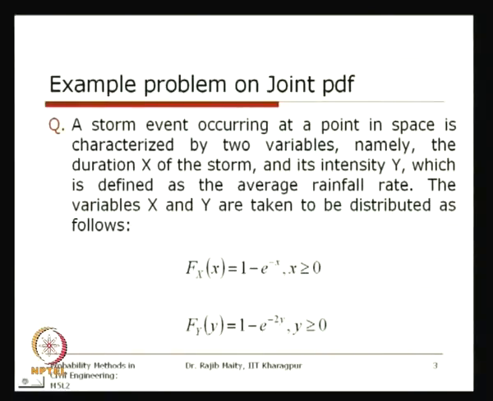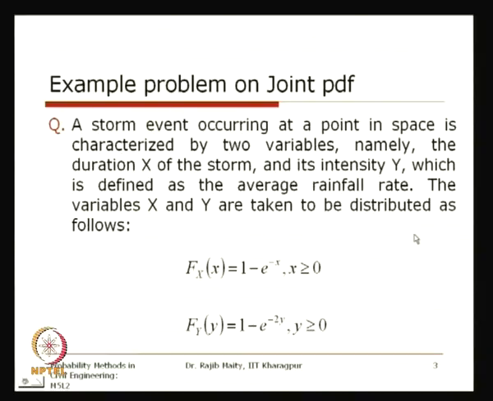Those two random variables are the duration of the storm event and its intensity. One is denoted as x and the other as y.